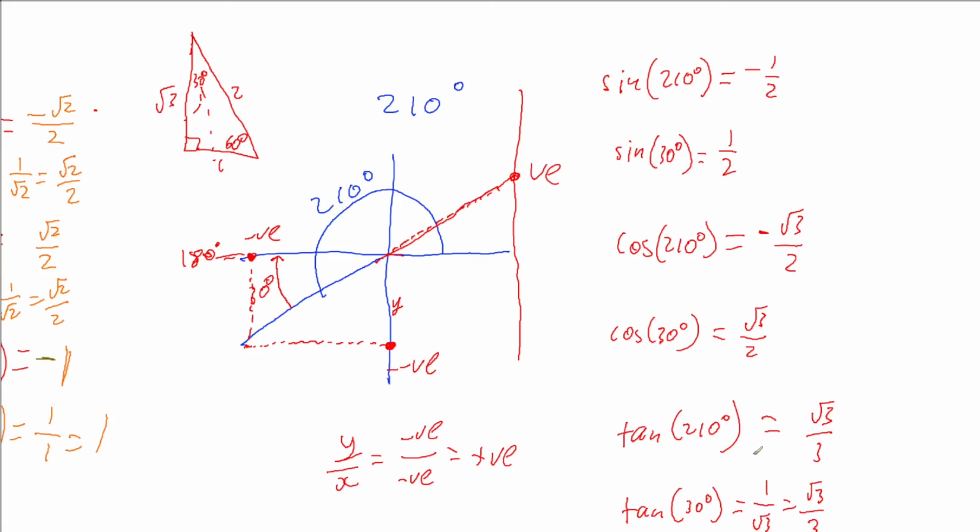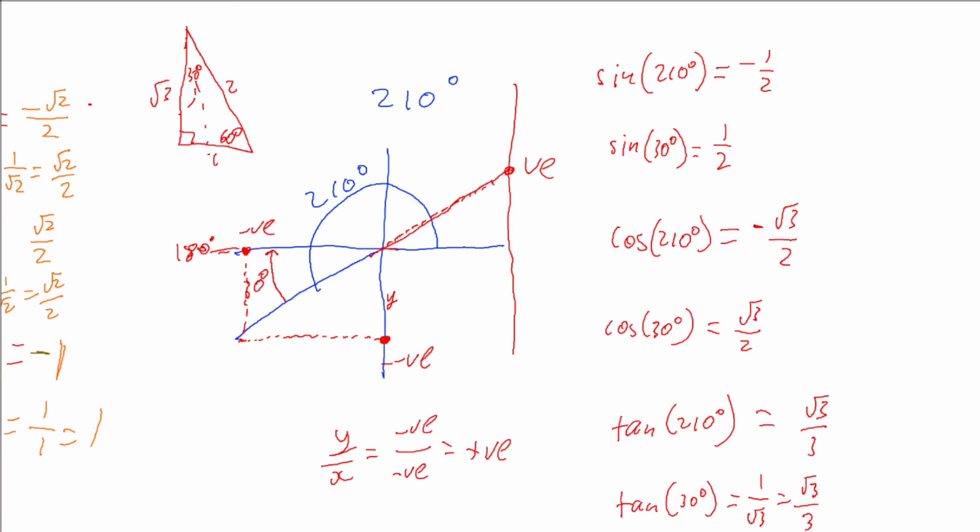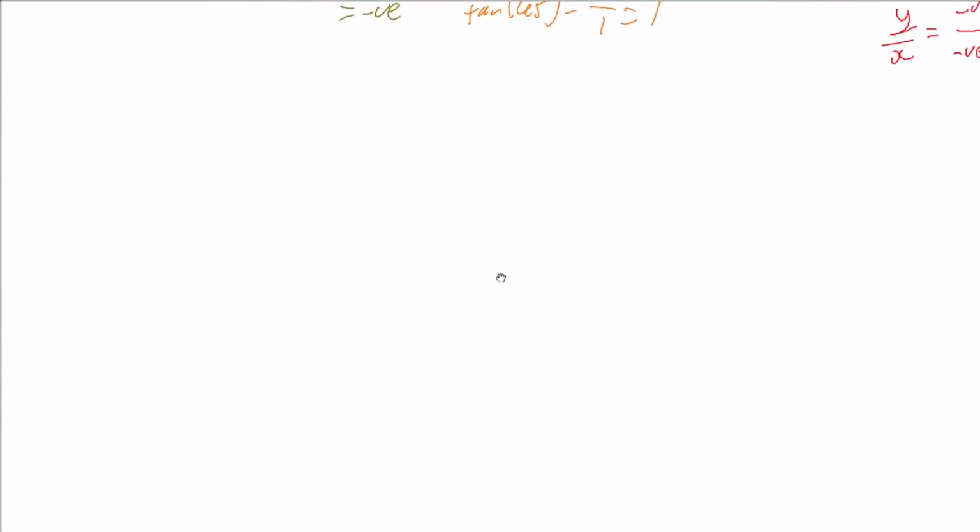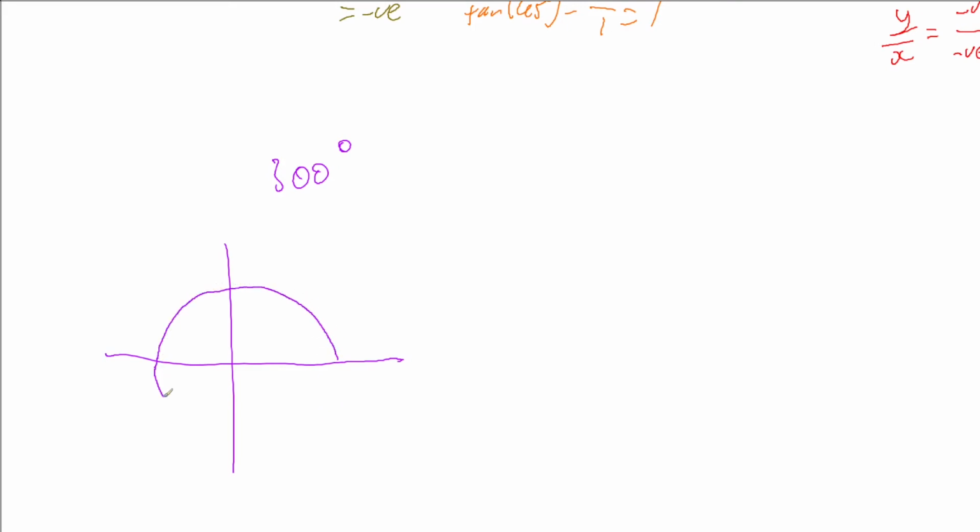So that's another one. Let's do a couple more. My next one, let's have a look at 300 degrees. Drawing a quick picture of 300 degrees, we would rotate 90, 180, 270, and we'll have about 300 degrees.